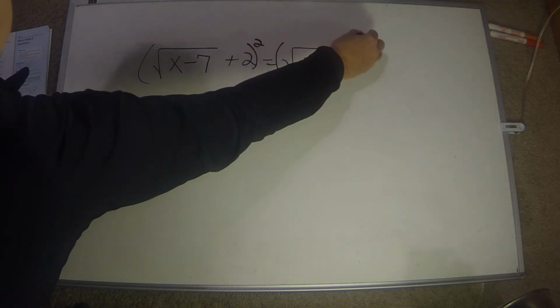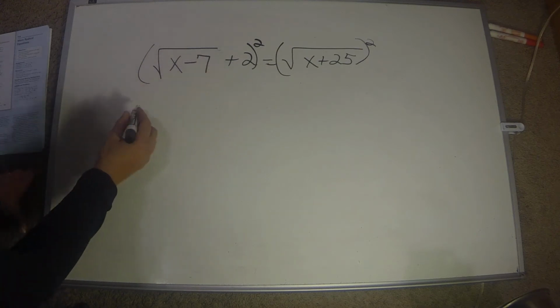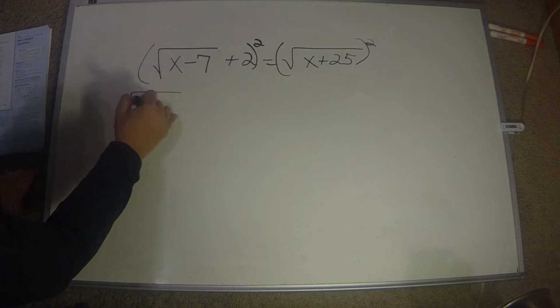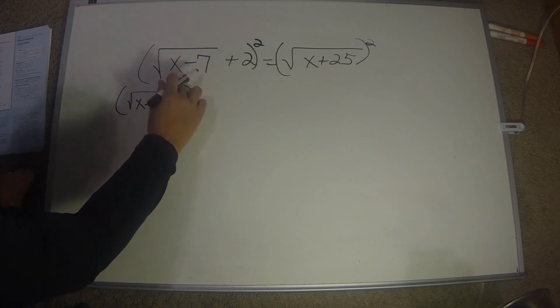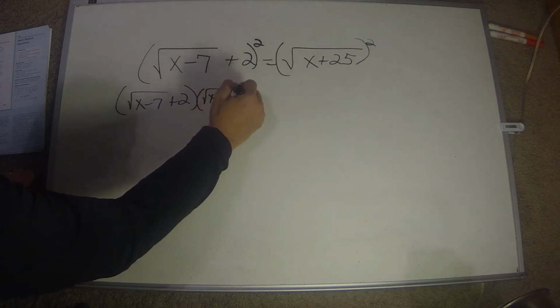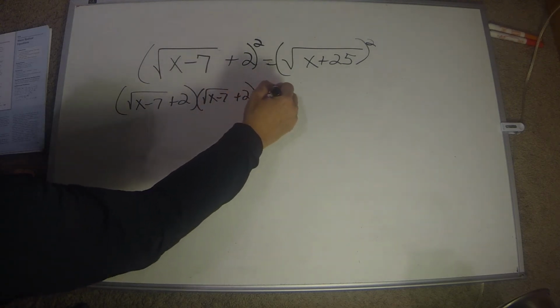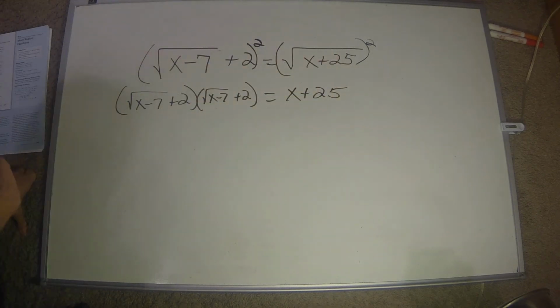square both sides. So here we would have to use the FOIL, and here that just goes away since we are squaring the square root.